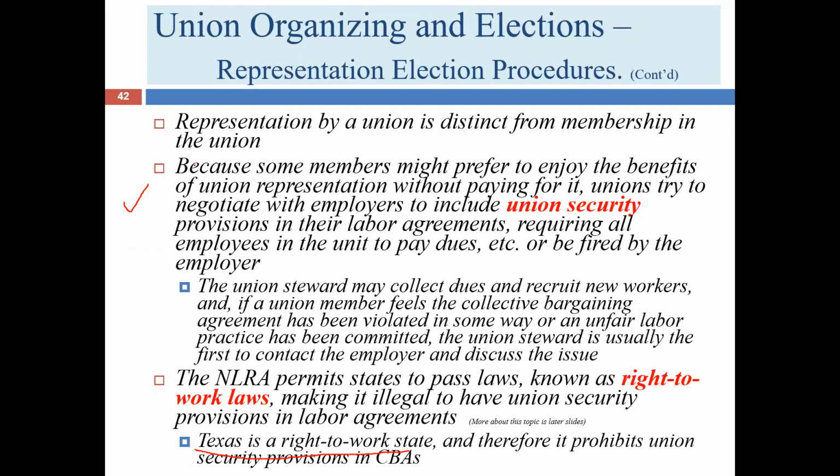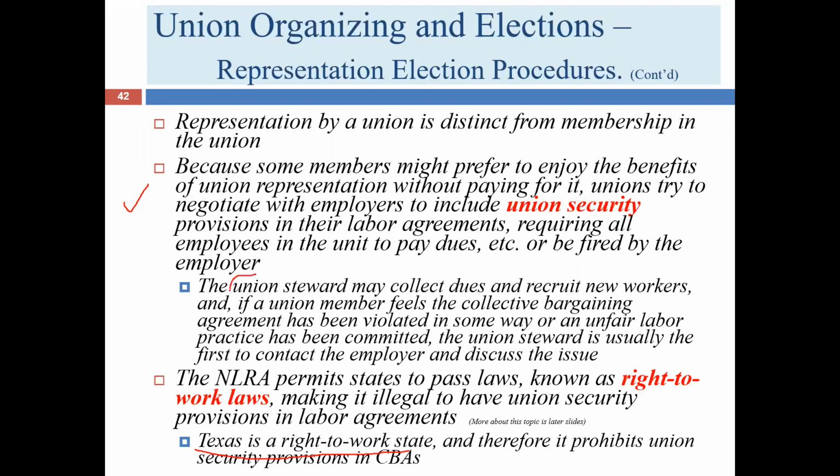Also, sometimes implicit in it is the idea that maybe you'll get treated a little bit better by the union when you have grievances if you're a dues paying member. But again, that's not a lawful consideration in making that decision. Okay, so those are the differences.